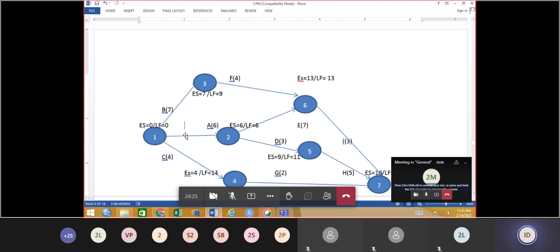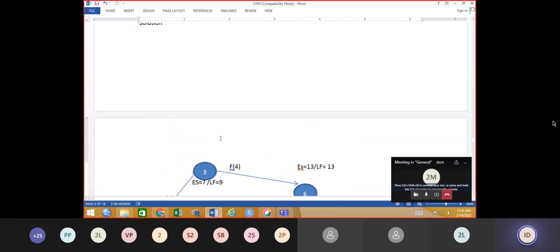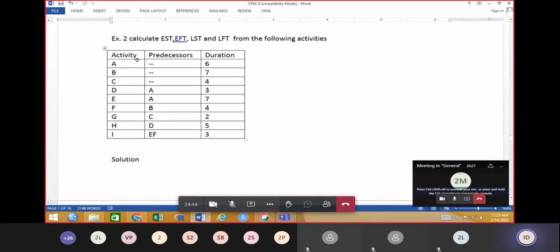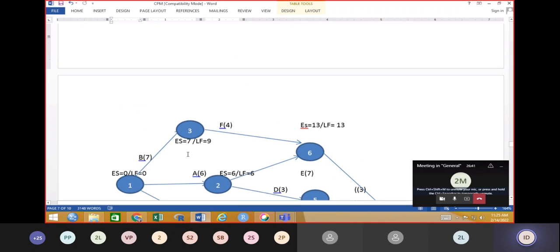But note the logic is which activity is to be placed at which appropriate location. A, B, C are the three activities I have shown here. This is A, 1 to 2. This is B, 1 to 3, and this is C, 1 to 4.